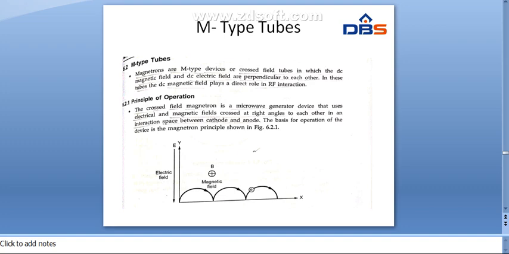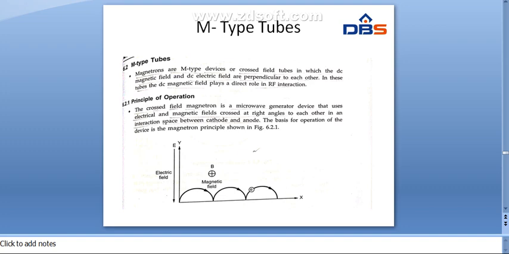The magnetron principle is derived from the path of an electron in crossed magnetic and electrical fields.